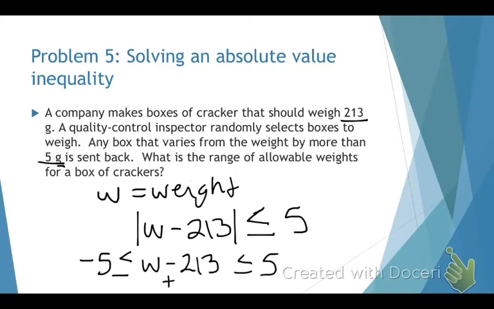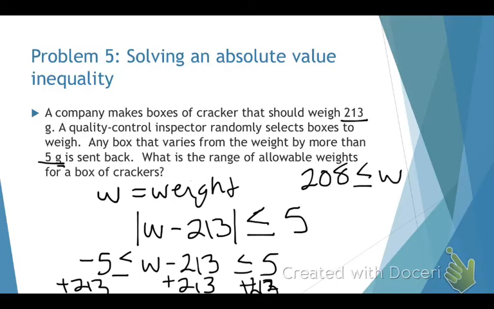And when I add 213 to all the pieces of my inequality, I end up with 208 as my smaller value and 218 as my larger value. So my allowable weights for my boxes of crackers are between 208 and 218.